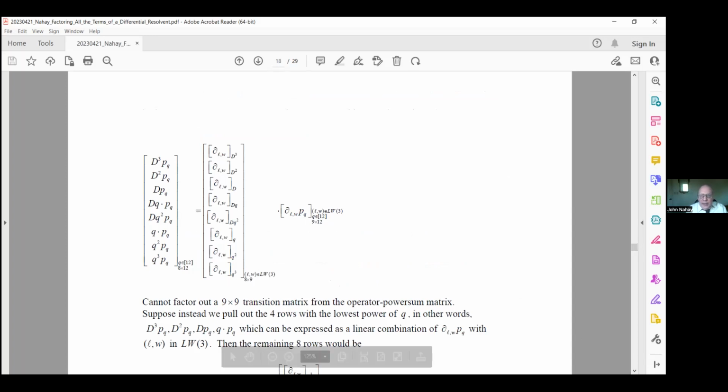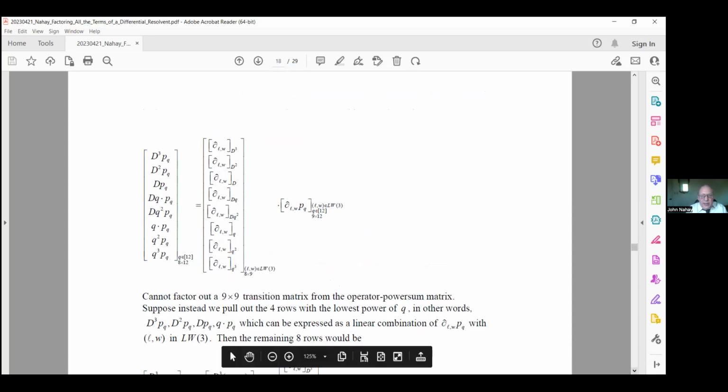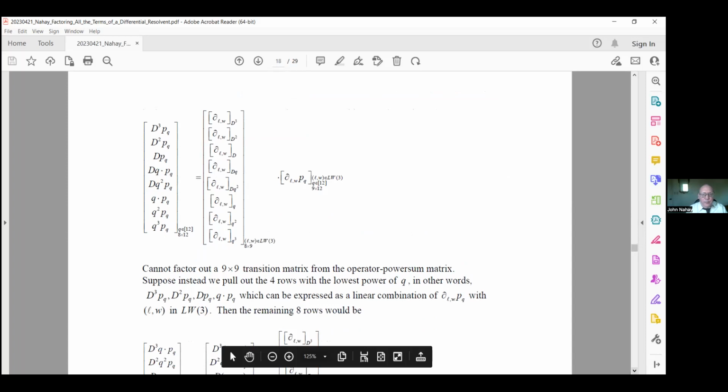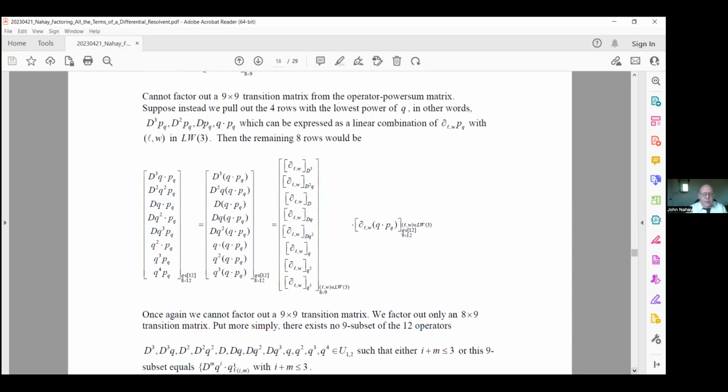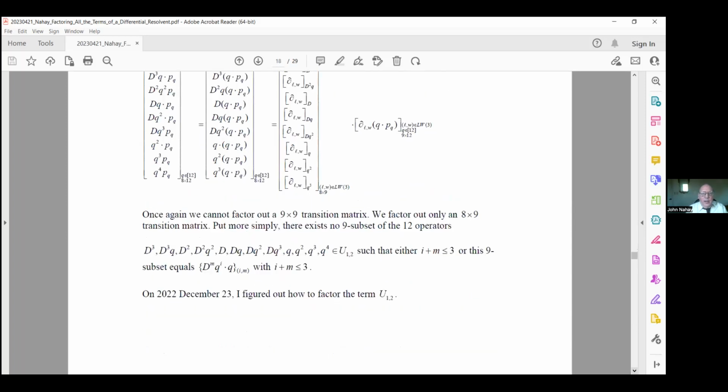And the problem is that there exists no 9 subset of these 12 operators that appear in the power sum formula for U12, such that either I plus M is less than or equal to 3, or that this 9 subset equals DMQI applied to Q, in other words shifted by Q, with I plus M less than or equal to 3.